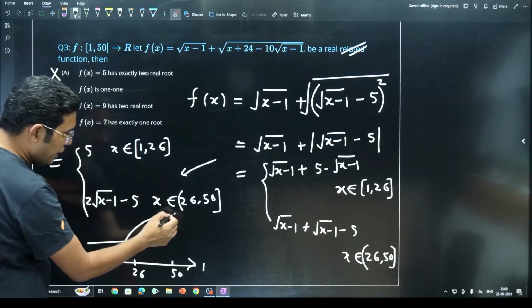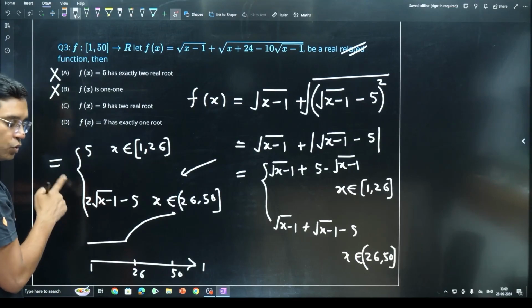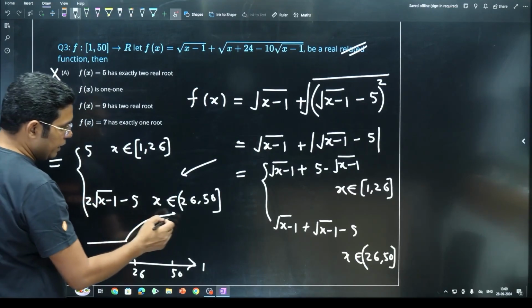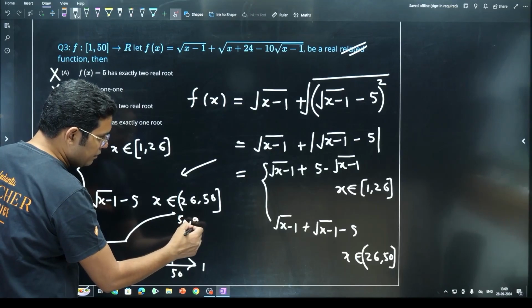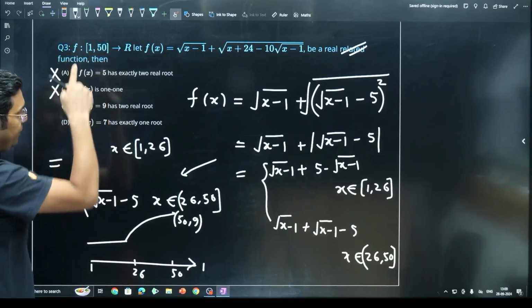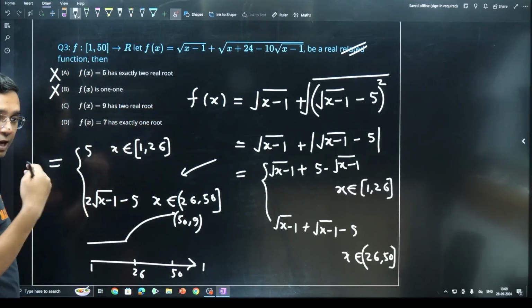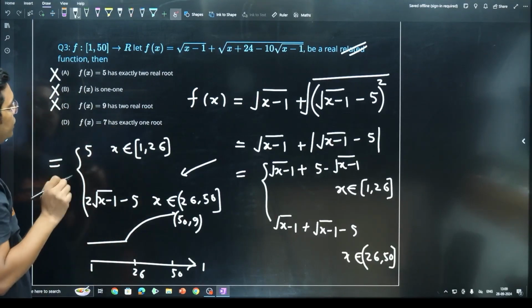And the last point, that is 50, if you put 50 here, it becomes 7 into 2, 14, 14 minus 5, 9. So it will be 50 comma 9. So the maximum possible value is 9, and that is possible at 50. But when f(x) is 9, we are not having two real roots, we are having only one root, so this option is also wrong.